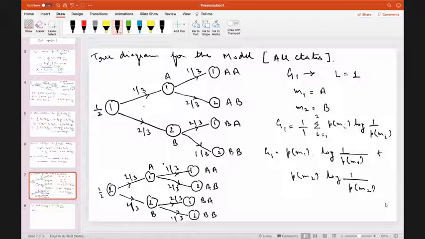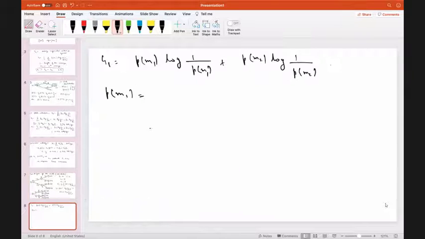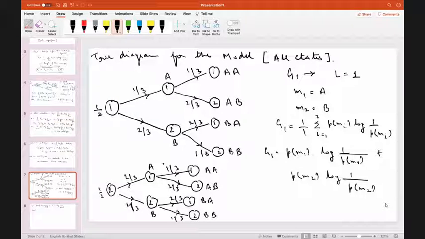So we have to combine both of them to evaluate the net probability that message M1 is transmitted. That would be basically a multiplication of the transition probability with the probability of the state. So that is the advantage of the tree diagram. You can just straight away calculate these quantities.